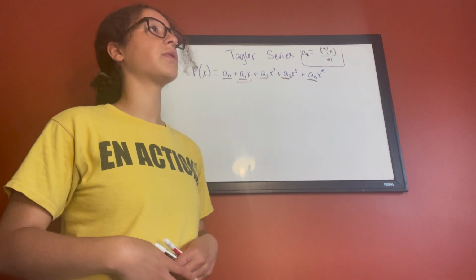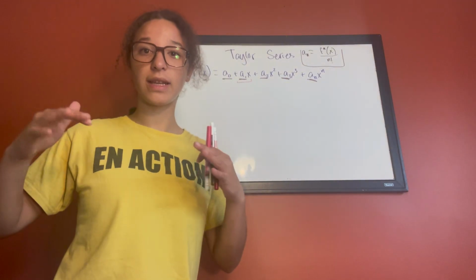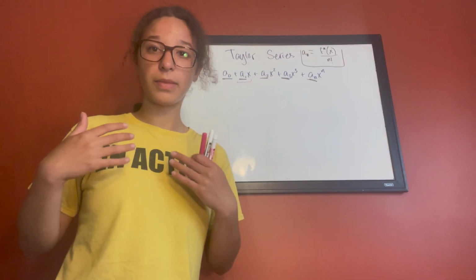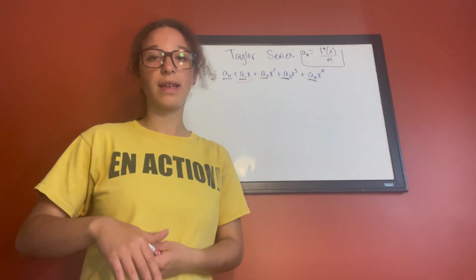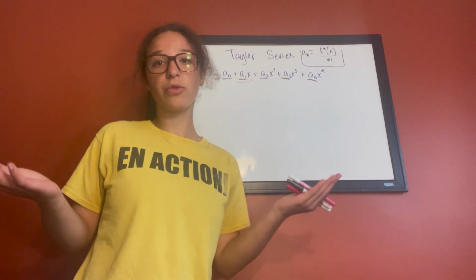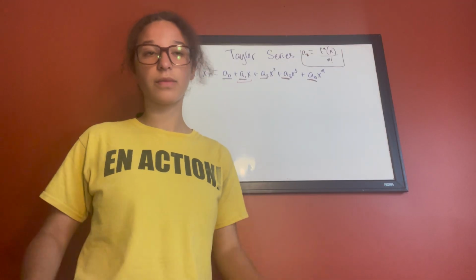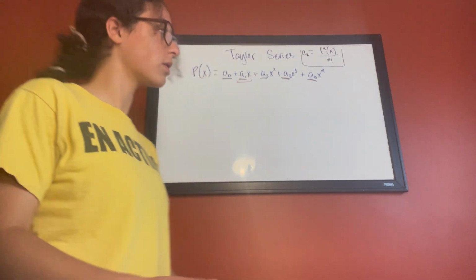And that is just so that we can ensure that it is copying that function around that point. It encodes all of the same DNA, basically, of the function. Because what else can you really know about a function besides its value and how it's changing? If we can copy that, we've copied the function.